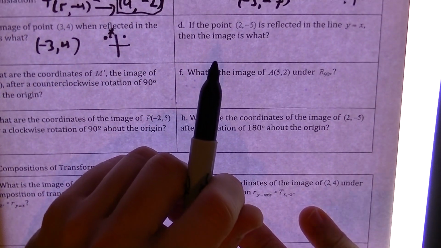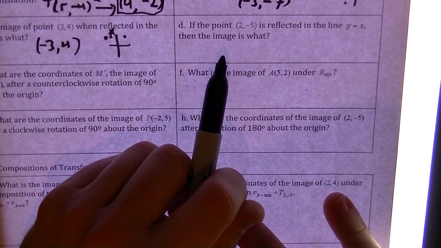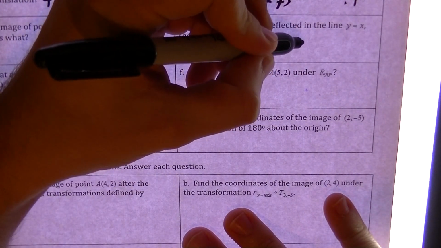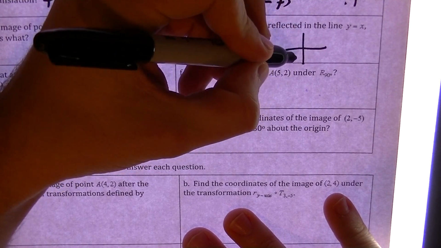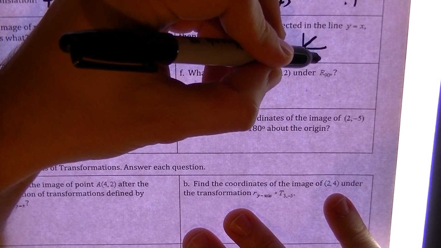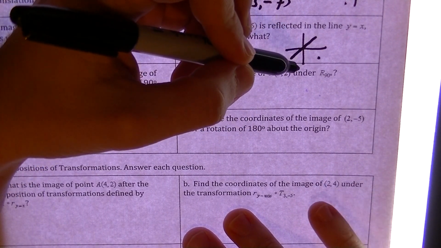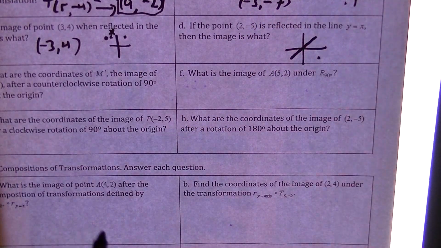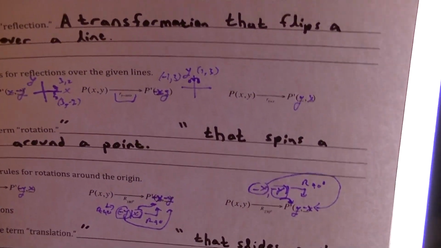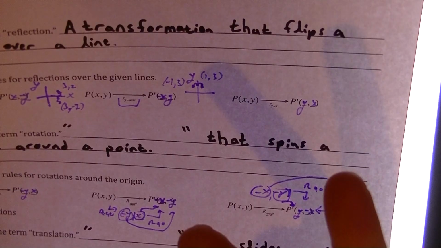If the point (2, -5) is reflected in the line y equals x, then what is the image? Well, we saw before, this is the line y equals x. I was at (2, -5), and we actually saw this rule earlier on in the page, and all I did with that was just to take my x and y and switch them.